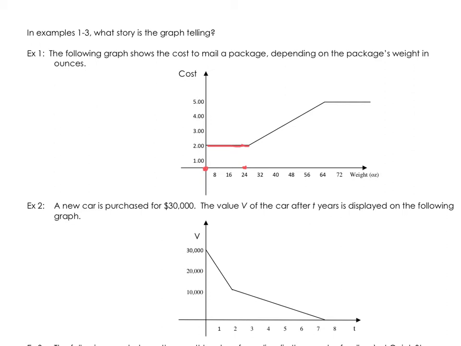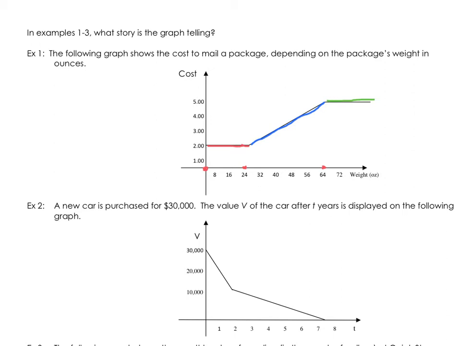Between 24 ounces and right around 64 ounces, it's going to cost between $2 and $5, depending upon how much it weighs. Then, between 64 ounces and higher, it costs a flat rate of $5 to mail.